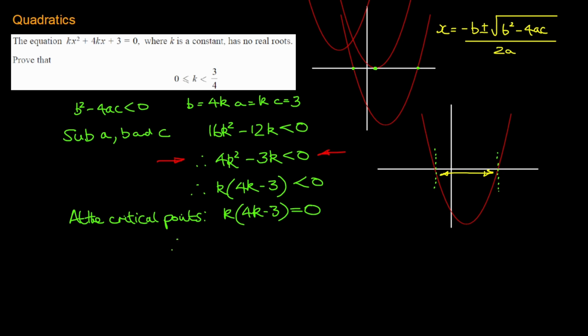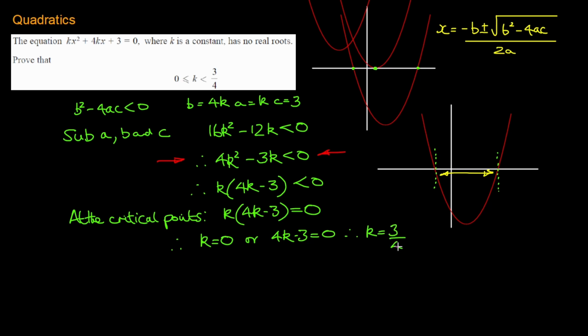Now I can say that the solutions to that equation are that k must equal 0 or 4k minus 3 equals 0, and therefore k is equal to 3 over 4.